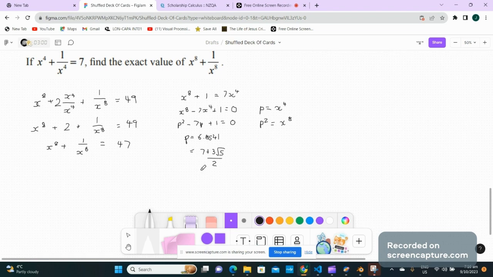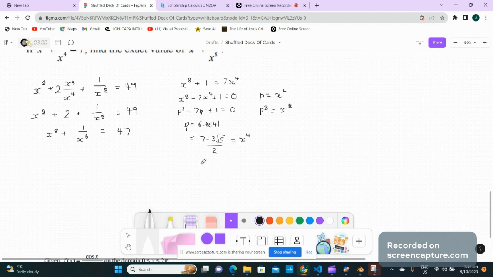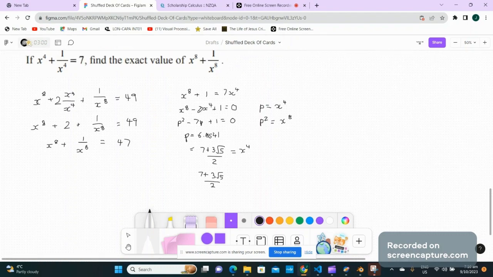So, knowing that, if that's our x to the 4th power, then we can put that into our equation. We want x to the 8 plus 1 over x to the 8.